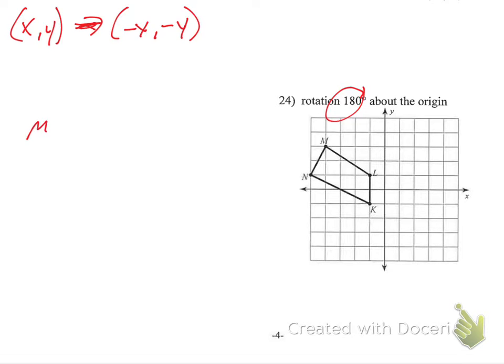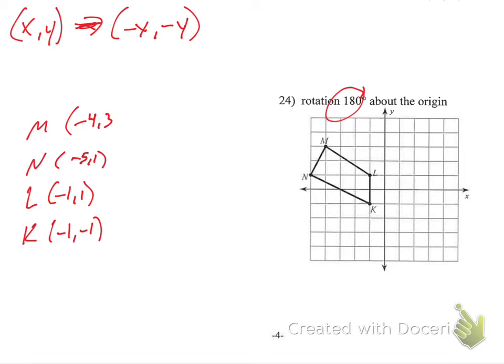There's M, N, L, and K. L is (-1, 1). K is (-1, -1). N looks like it's (-5, 1). And then M is going to be (-4, 3).